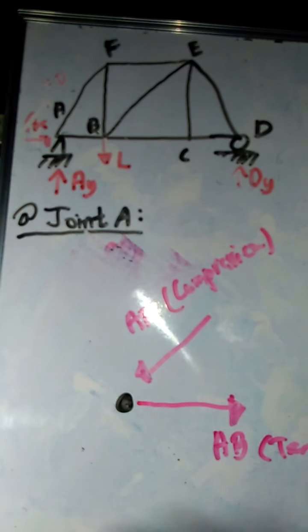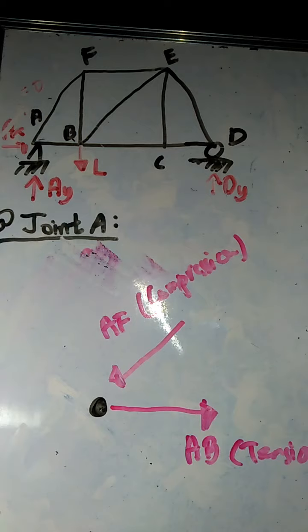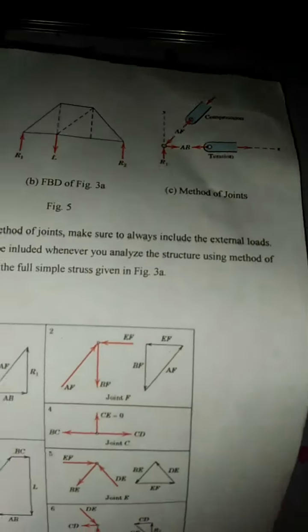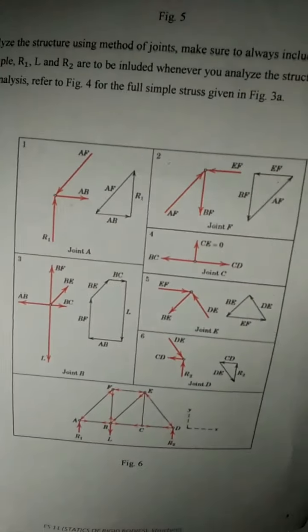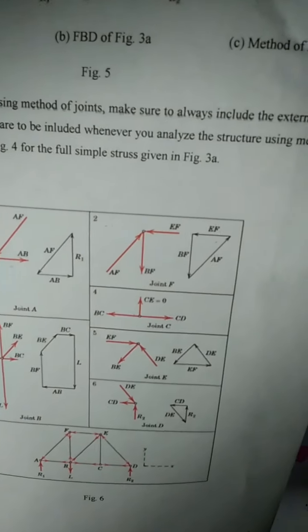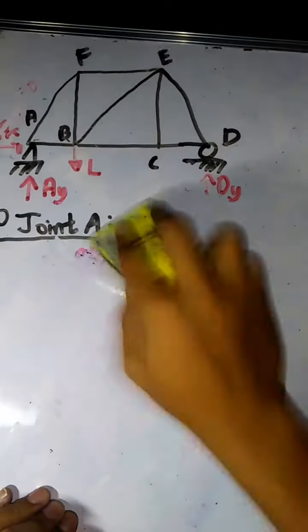See the difference? So, ganun yung ibig sabihin sa compression at tension. If you want to furtherly see kung ano yung ibang analysis ng ibang joints, you can see for this figure number 6.